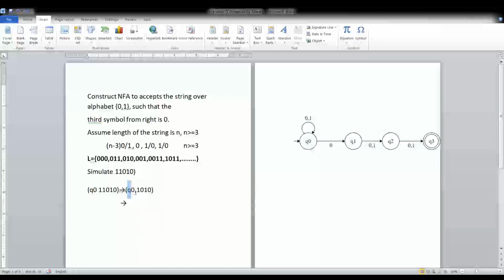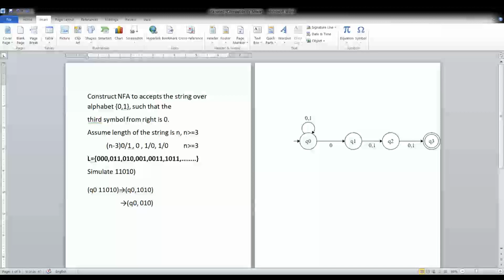Now the current state is Q0 and the current input is 1. On this state and this input symbol, the next state is Q0 only, right? So we show this with the transition to Q0, and now the remaining string is 0 1 0.